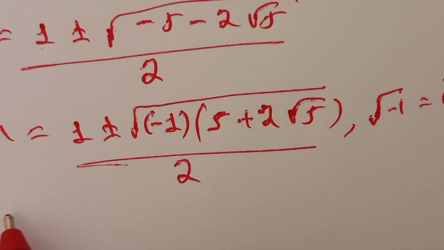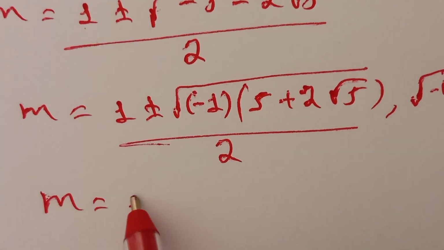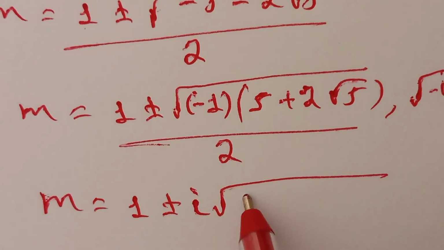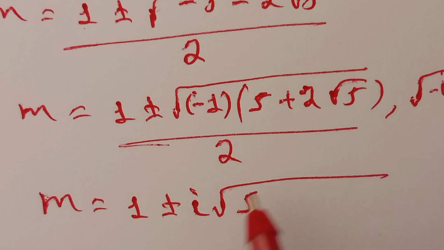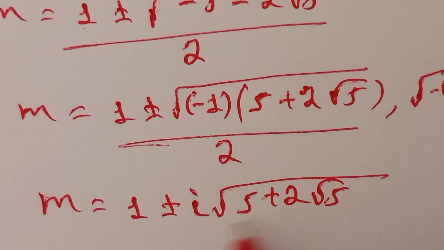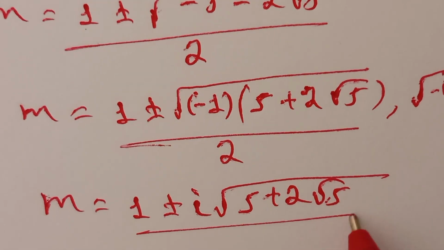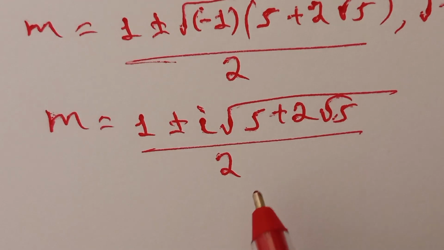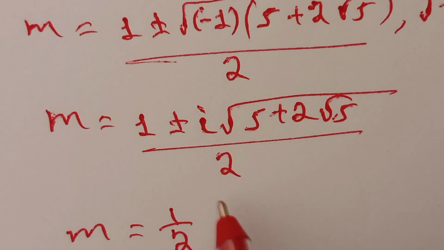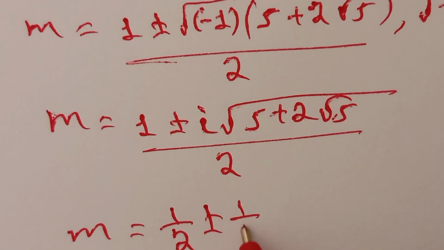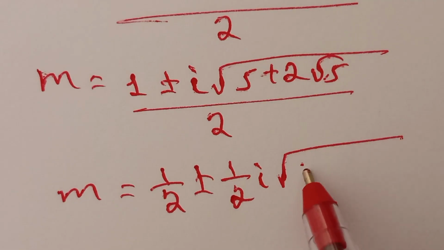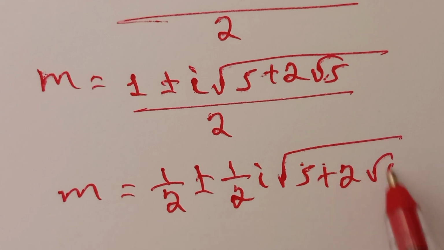So m is equal to 1 plus or minus i times the radical of 5 plus 2 radical 5, over 2. So this becomes m is equal to 1 over 2 plus or minus 1 over 2 i times the radical of 5 plus 2 root 5.